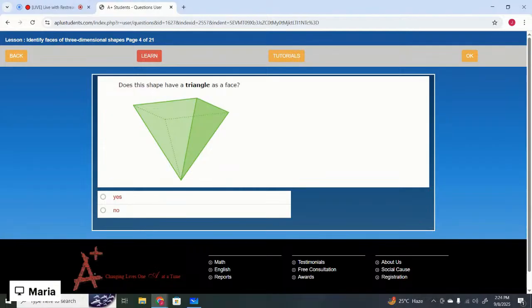Does this shape have a triangle as a face? Yes, it has. The correct option is yes.